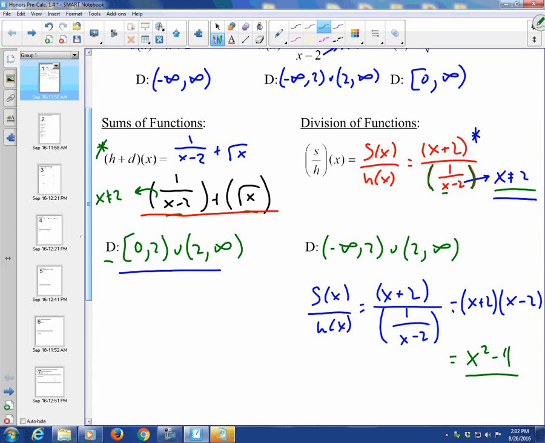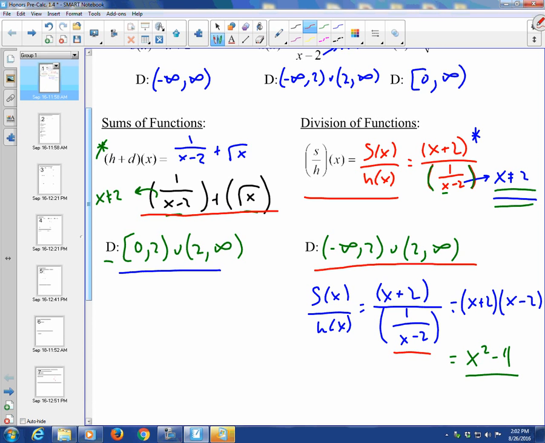Now, right here for this equation, we no longer have the restriction x cannot equal 2. But if we think about it, this new function, s divided by h of x, is really the function values for s of x divided by the function values for h of x. So right here, h of x is not defined for the x value of 2, so it cannot be a part of the domain.